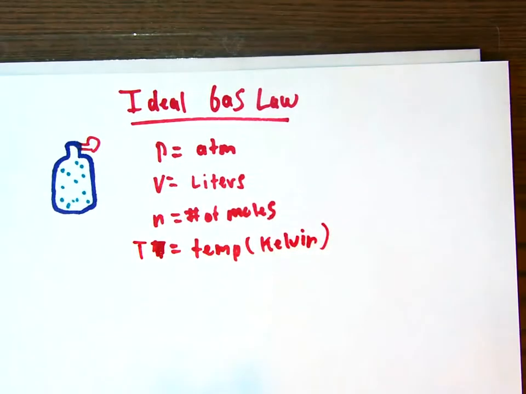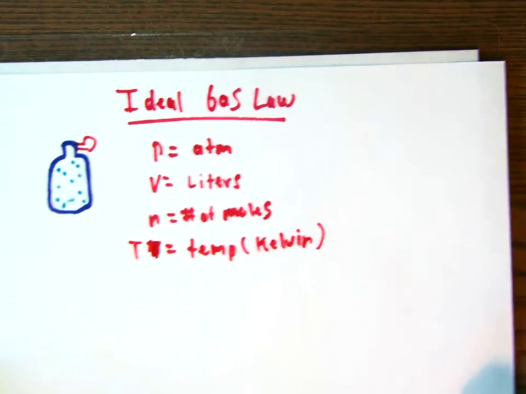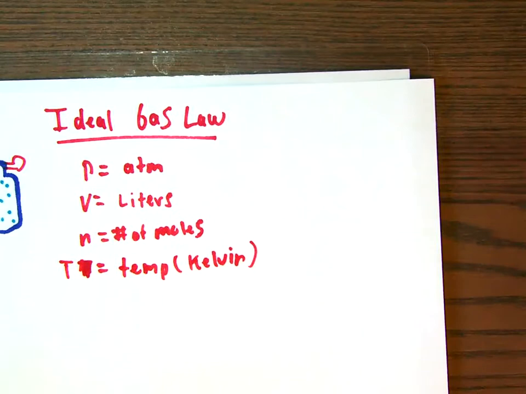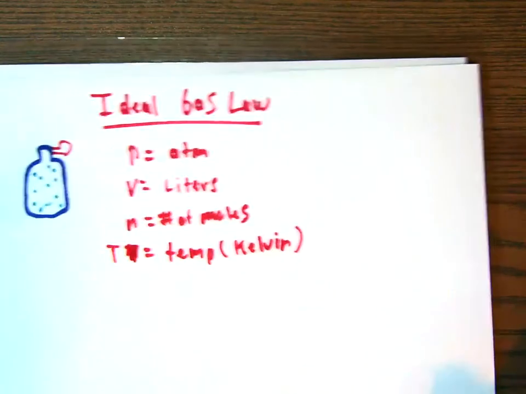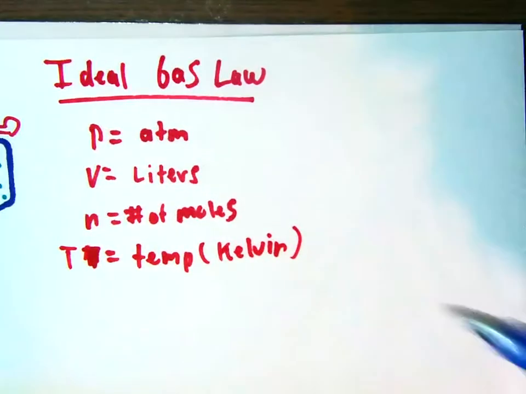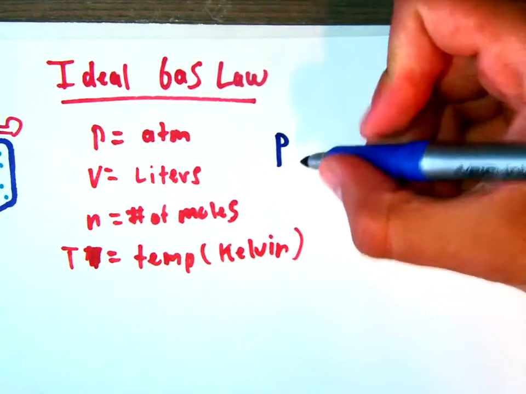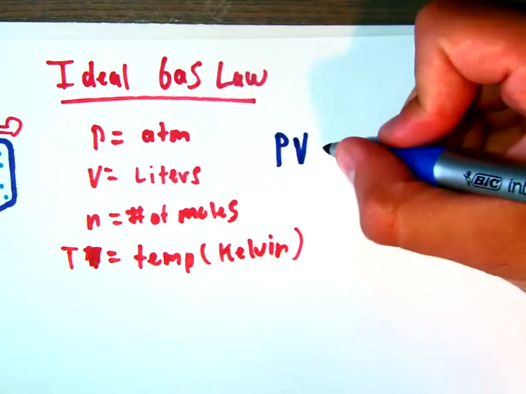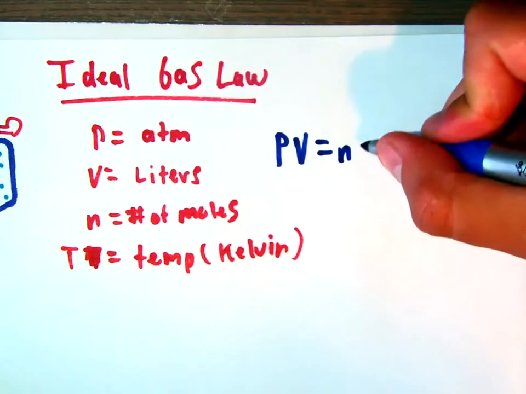So these are the variables we can understand about a gas, right? The ideal gas law basically puts all the gas laws together and makes one simplified equation, which is PV equals nRT.